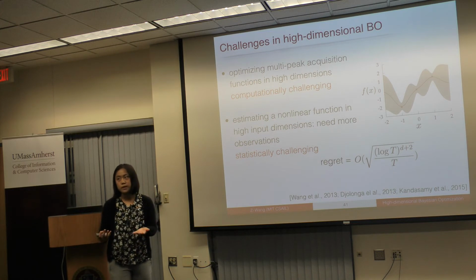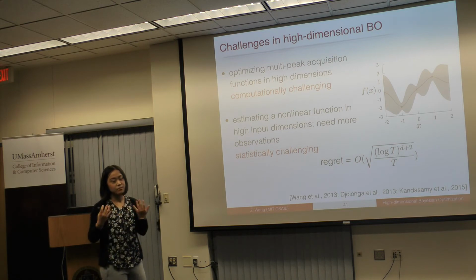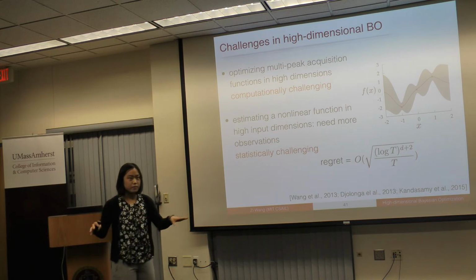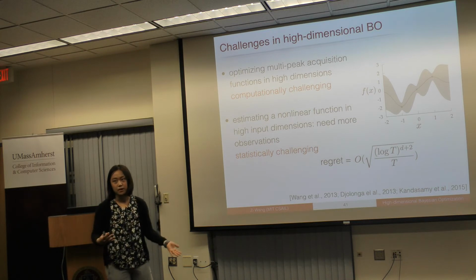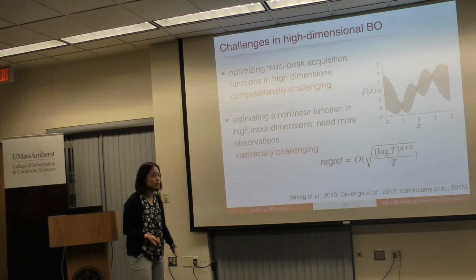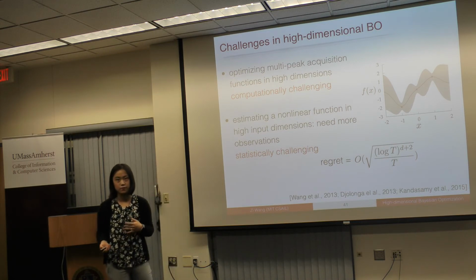It's cheap to evaluate and probably has a closed form, but we're evaluating it in the same space as our original function. So our acquisition function could also be multi-peaked, and finding its global optimum can be very computationally challenging for a high-dimensional input space.